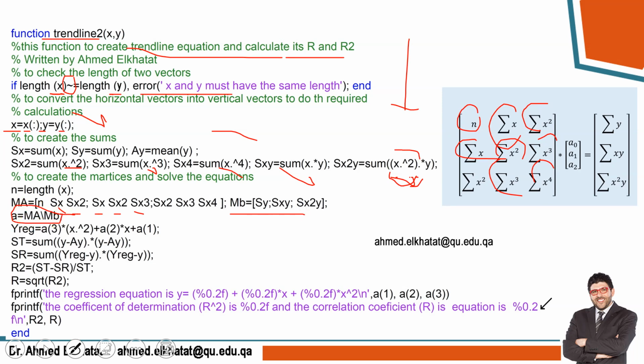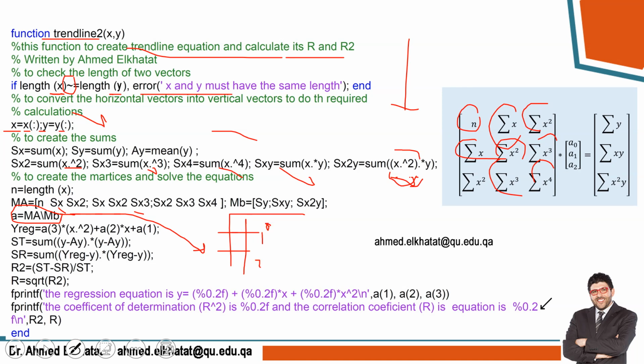So in a similar way we can find the y regression, but in this y regression we have more parameters. Here a will be 3 items: a naught, a1 and a2.